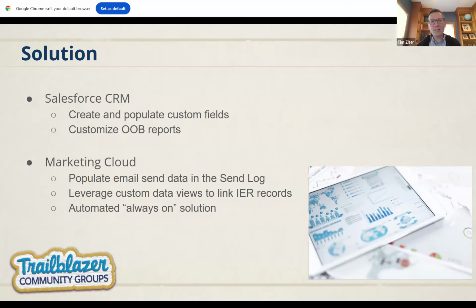And then in Marketing Cloud, we're going to want to enable this. So we want to create the data point at time of send so that we can capture that data. And then we're going to want to populate that data on the IER using an automated always-on solution.